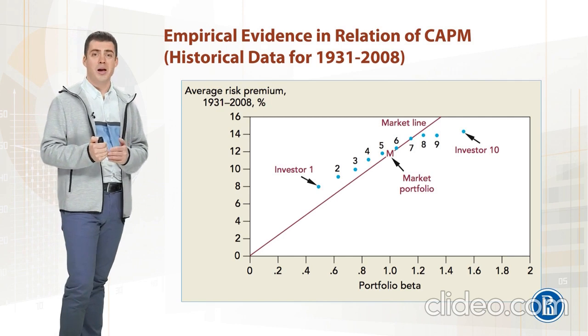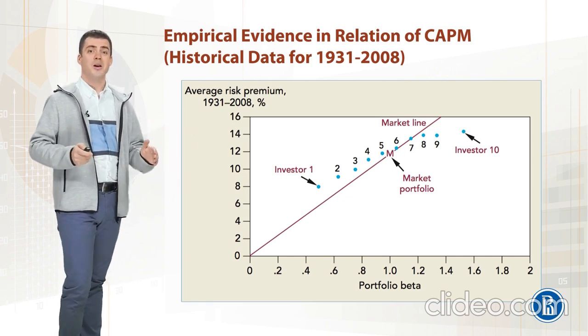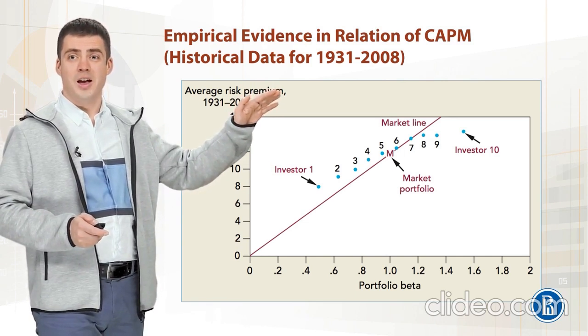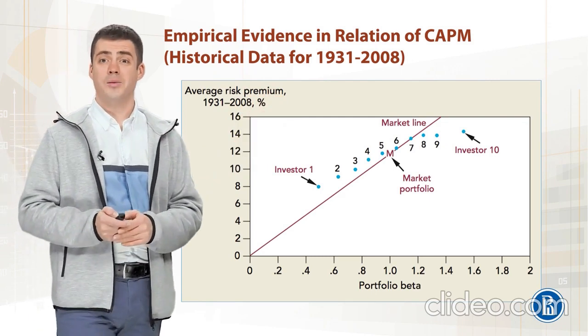However, at the same time, it underestimates the expected returns for the stocks with lower risks and lower betas. Thus, the empirical security market line is somehow flatter than the theoretical one.